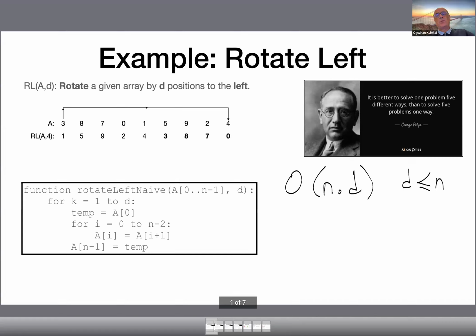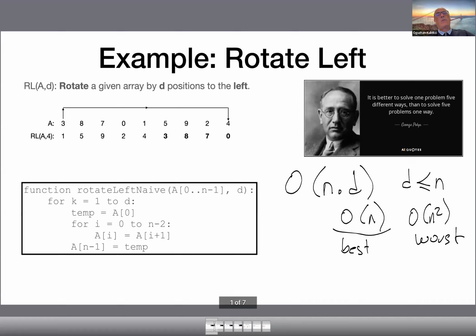If d is equal to 1, this is my best case for this algorithm, because I will be repeating everything just once, and it becomes a linear algorithm. However, when d becomes n, this turns out to be O(n squared). So this is my worst case, and this is my best case complexity.